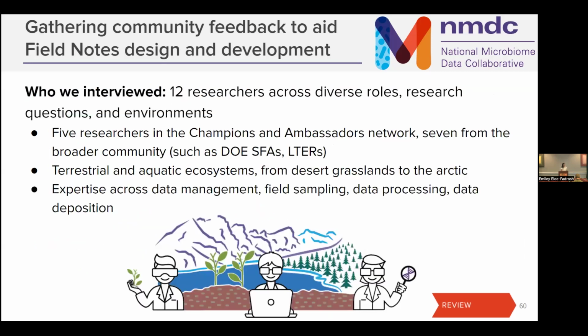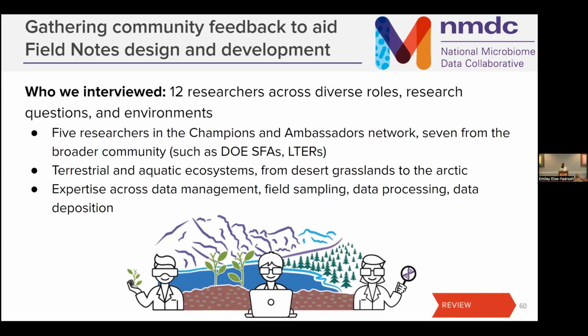And so we interviewed 12 different researchers across diverse roles, research questions, and environments, because we know that this is a very diverse field, and we wanted to make sure that we were capturing enough information to truly inform this app design. We had 5 researchers who were part of the Champions and Ambassadors Network, and 7 from the broader research community, including DOE SFAs and LTER sites.